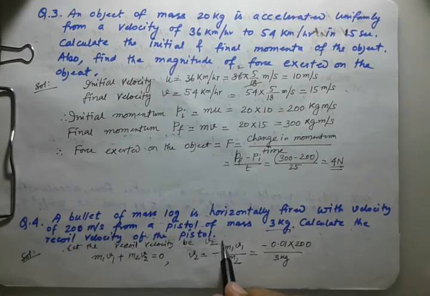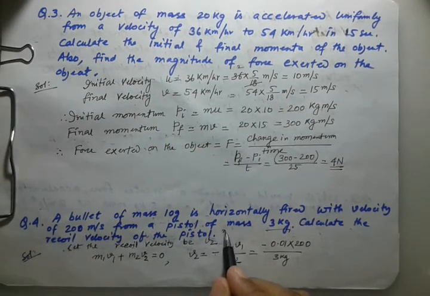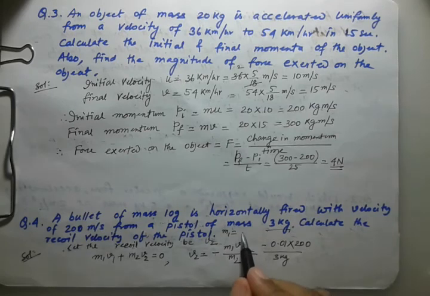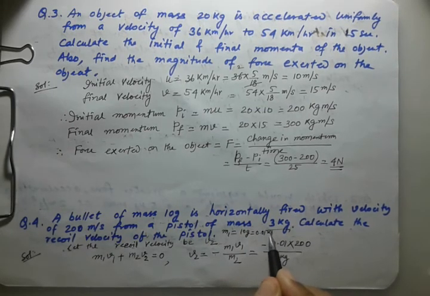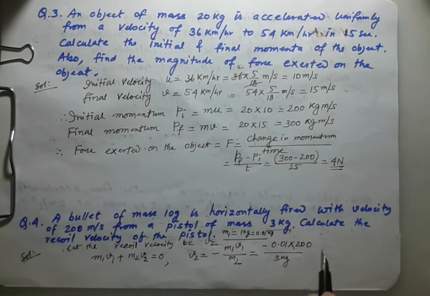Here m1 is 10 gram, which is equal to 0.01 kg, so first you have to convert this. Now the kg will get cancelled, and you will only get the velocity here. So you get minus 0.67 meter per second. That is the answer.